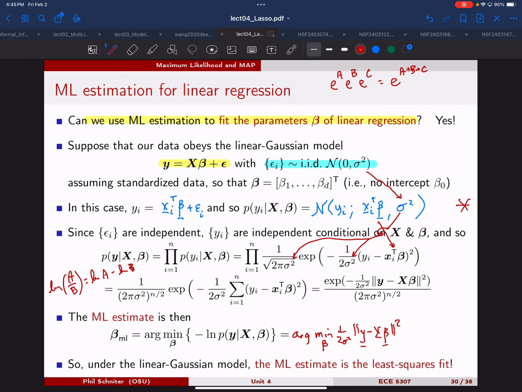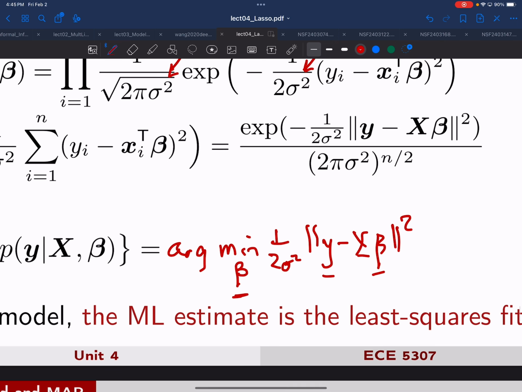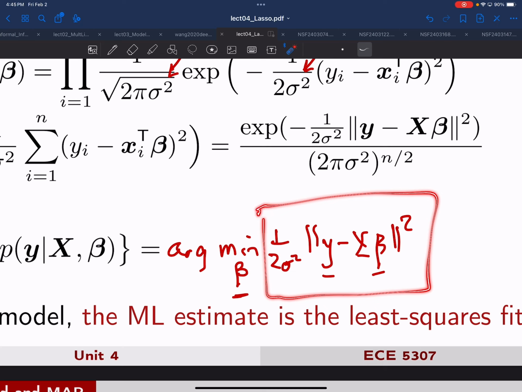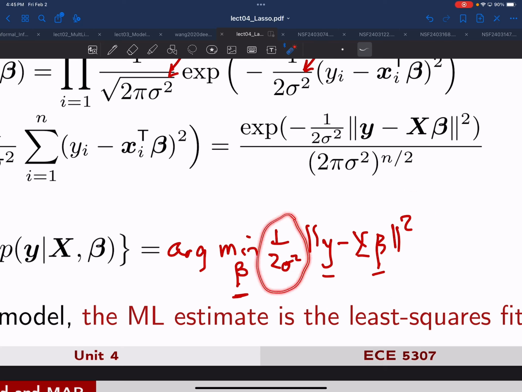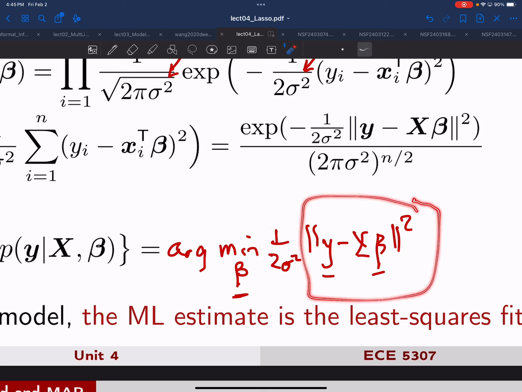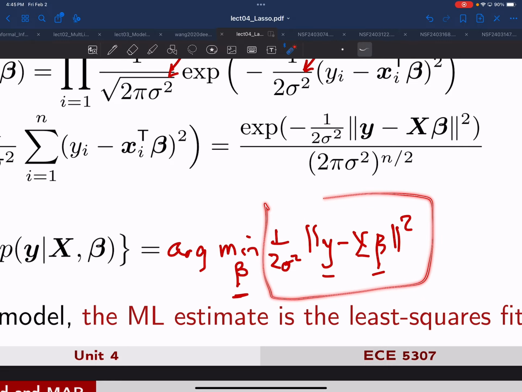Can I make this even simpler? Is there something I can simplify about this? We're trying to figure out the beta that minimizes this. Does this part play any role? No, right? This just scales the entire thing. So if I find the beta that minimizes that, it also minimizes this.